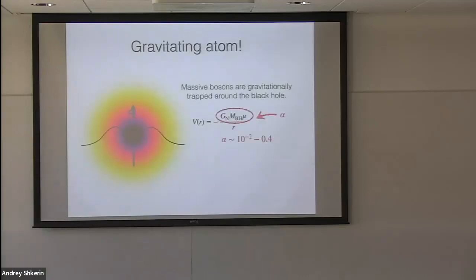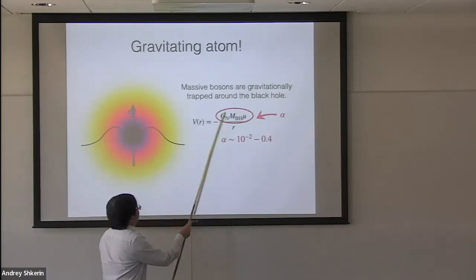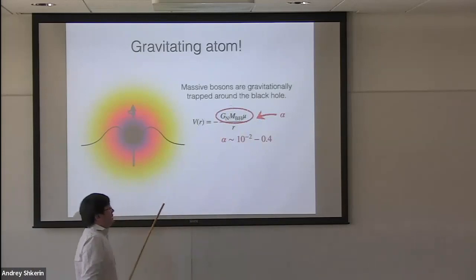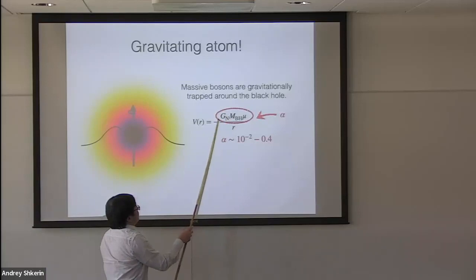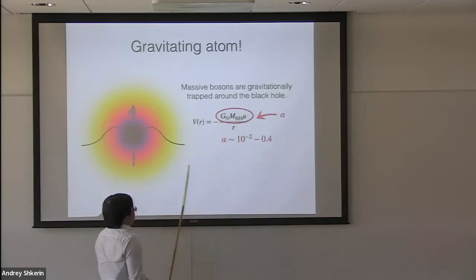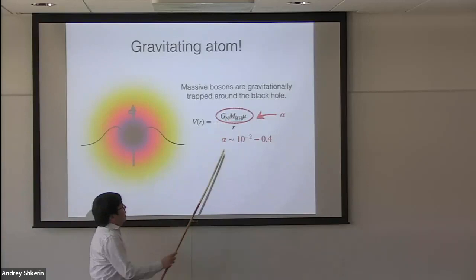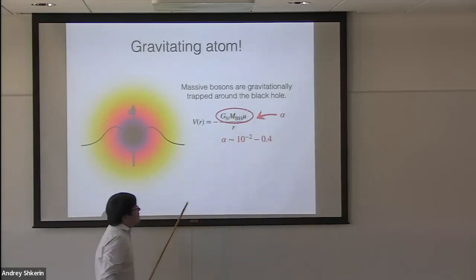So since we are talking about one state, we need to switch our description of the system to studying the wave function of this one state, instead of something that we're scattering with it. So here the process is mostly determined by the gravitational potential, like the Newtonian potential, where the parameter combination is G Newton times the mass of the black hole times the mass of the particle.